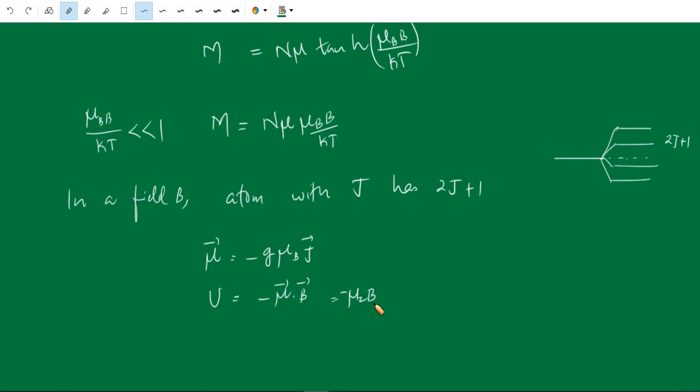Okay, here the magnetic field is along the Z direction. Therefore, the net magnetic moment. This is the magnetic moment of one magnetic dipole or one atom.